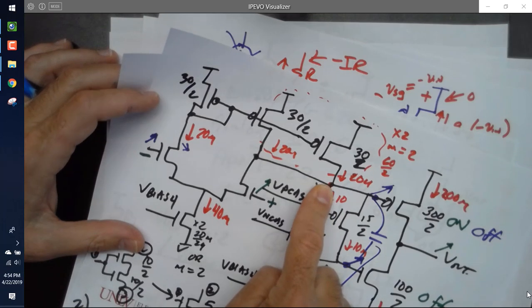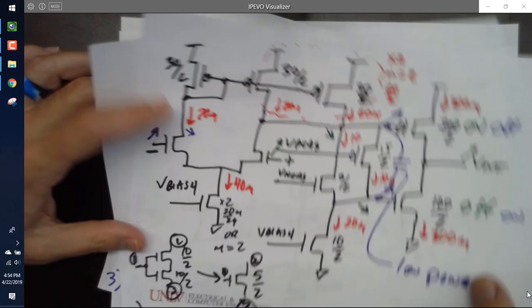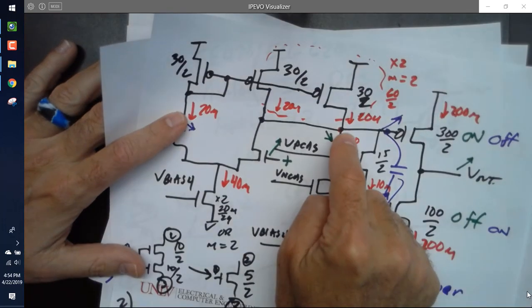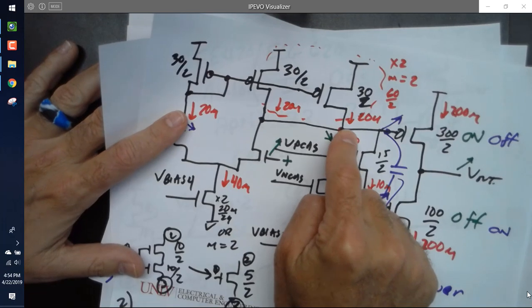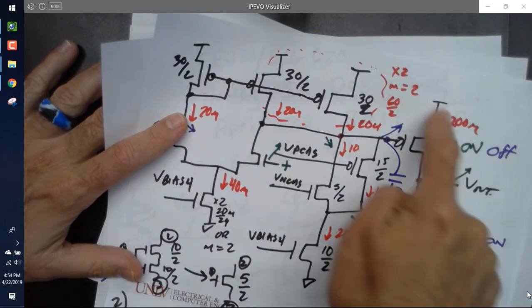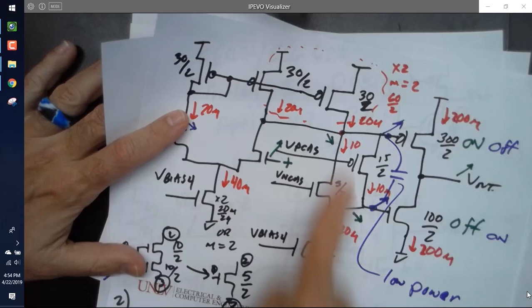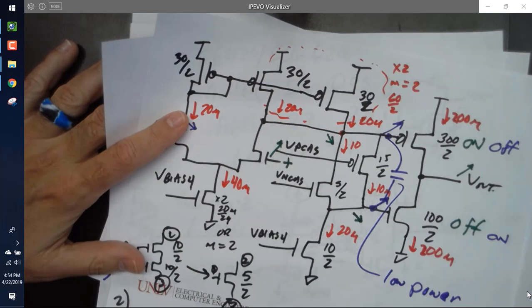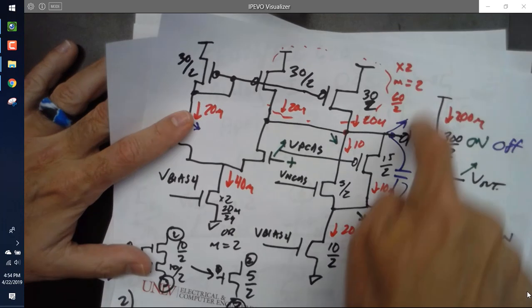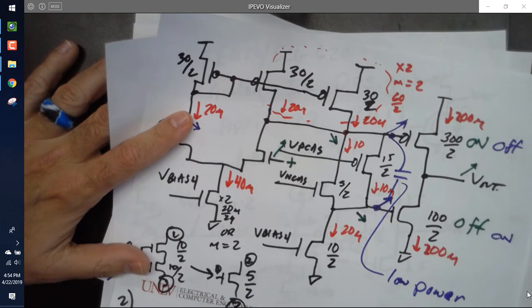Well, it's gm times Rout N in parallel with Rout P, which was roughly what? 333? And then here I made the gms bigger. What does it do to the gain though? If I make the gms bigger, what does it do to this gain?